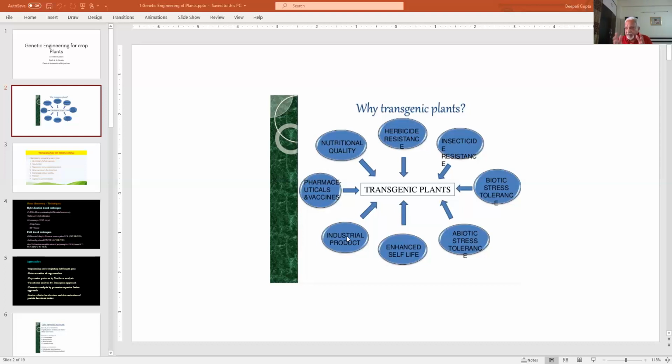So these are some of the applications of this technology of genetic engineering for crop improvement.